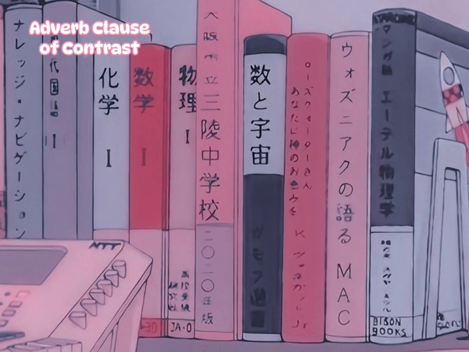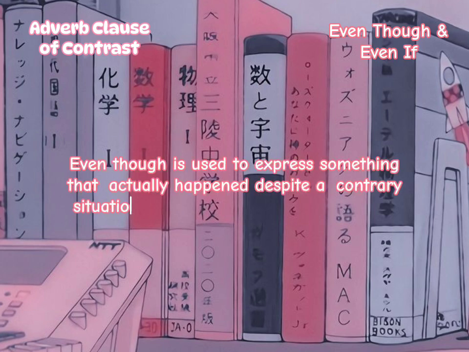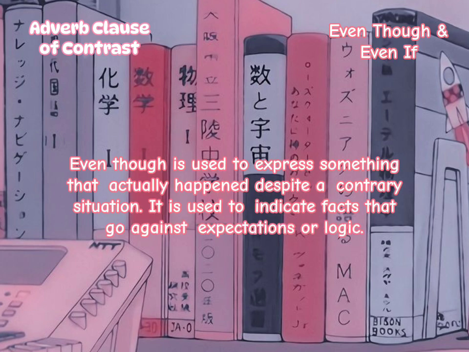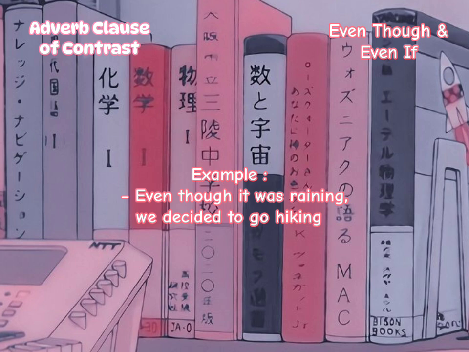The next conjunction is even though and even if. Even though is used to express something that actually happened despite a contrary situation. It is used to indicate facts that go against expectation or logic. For example, even though it was raining, we decided to go hiking.